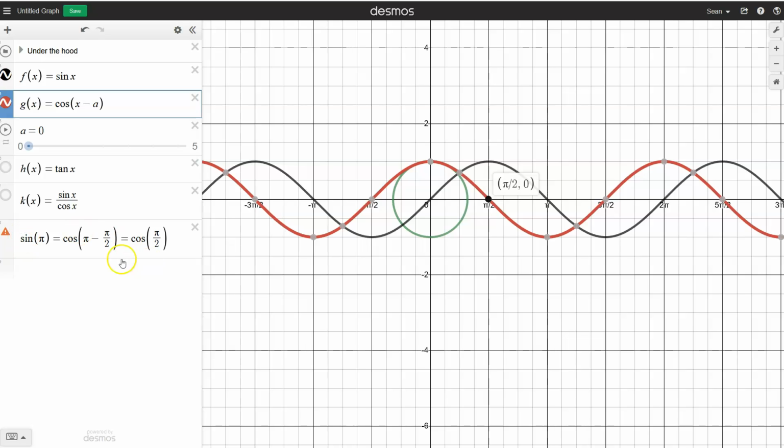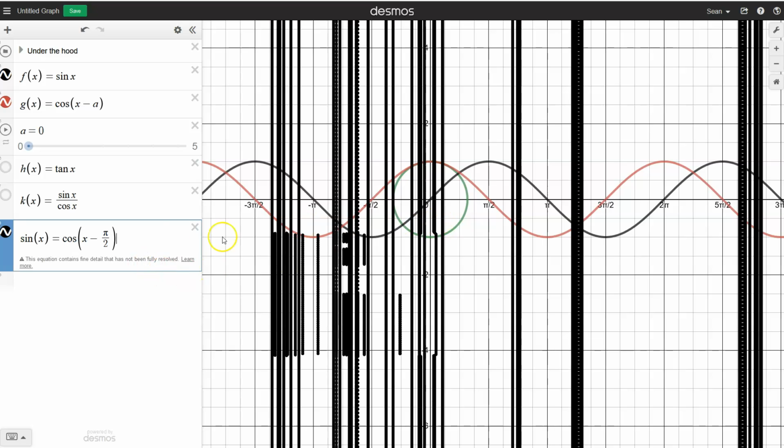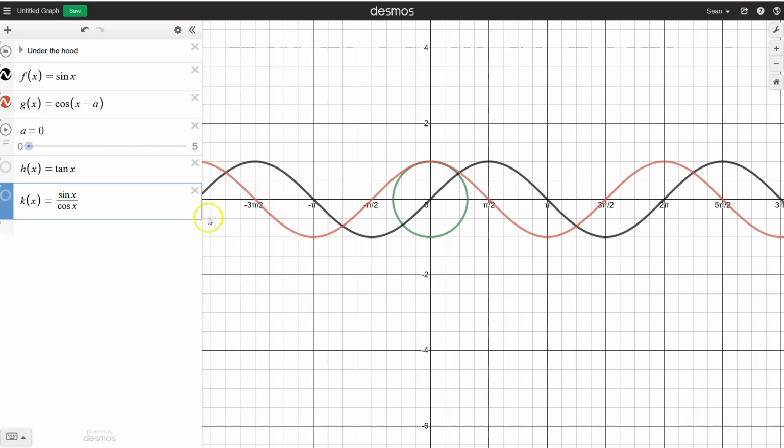So given an angle x, sin x equals cos of x minus pi over 2 for any x. And the same is true for sine and cosine, it's just reversed. So you can add instead of subtracting.